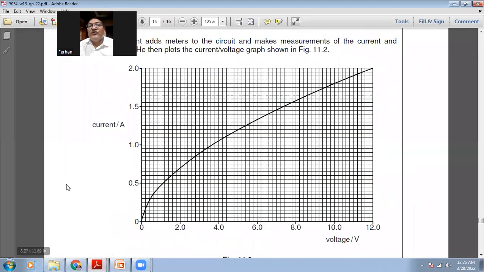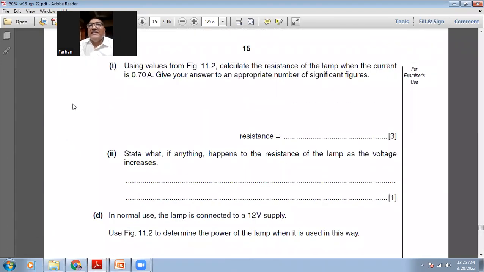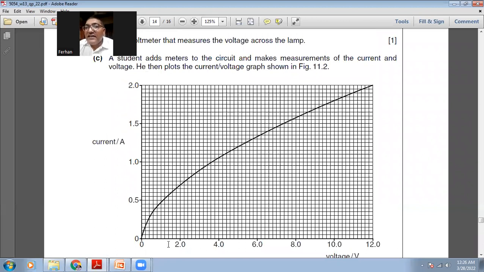Okay, so let's move to the next question. It says, state what, if anything, happens to the resistance of the lamp as the voltage increases. From this graph, I can say as the voltage is increasing, the gradient is decreasing. The gradient of this graph is equal to 1 by R, the reciprocal of the resistance.